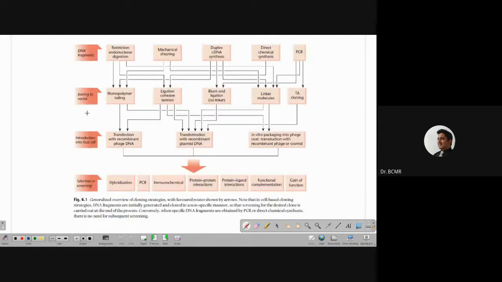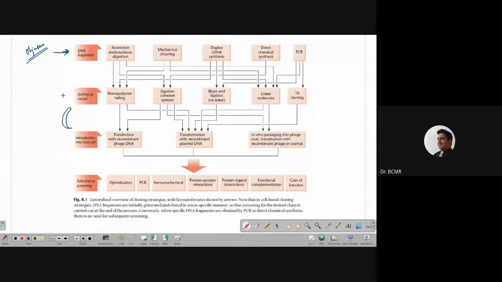We are learning about construction of recombinant DNA. Somewhere it would fall in this area, right? Prior to that, we have to get the gene of interest. We should have known why we want it, what we want it. This is actually our objective.